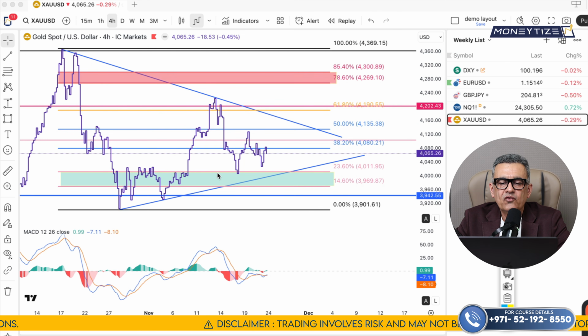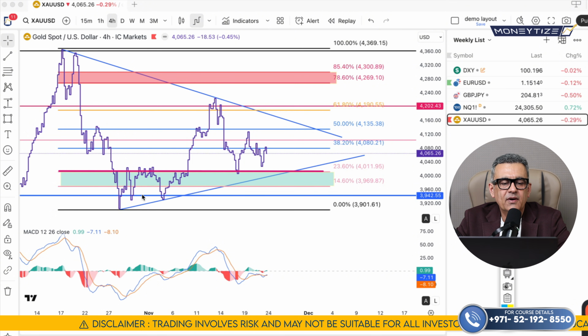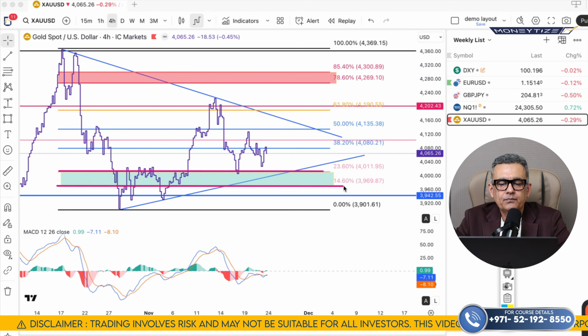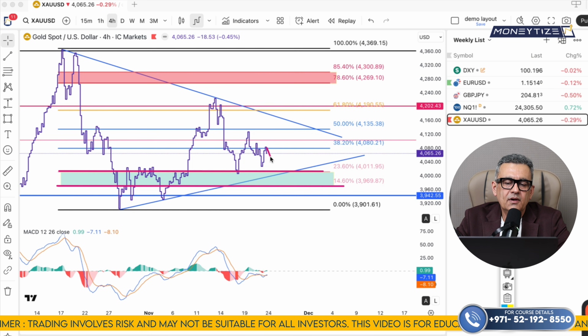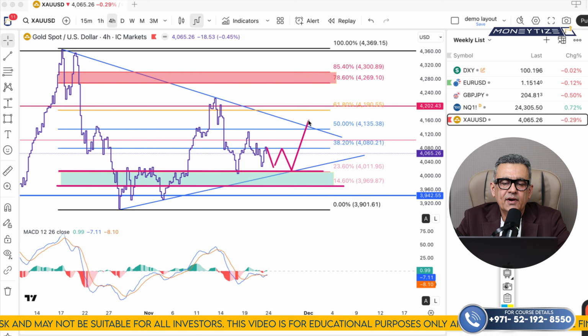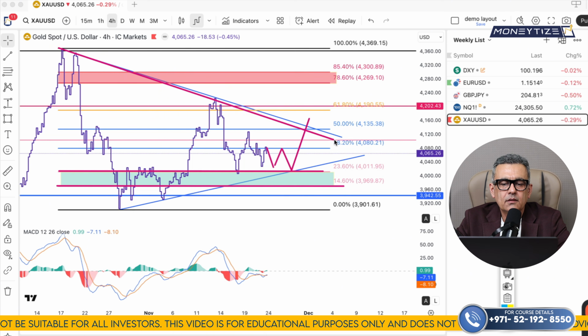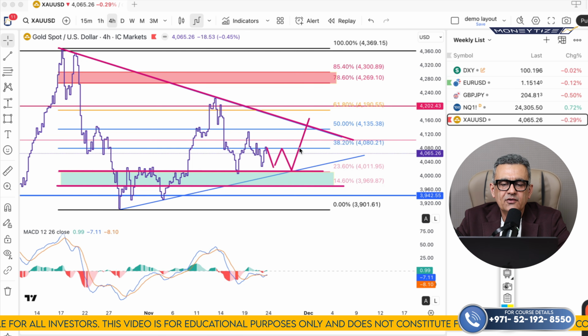Now, unless gold remains above 4011 and more precisely above 3970, we will expect a bounce, and once it breaks the triangle, the falling trend line, with a valid retest, we need to see a sharp breakout.